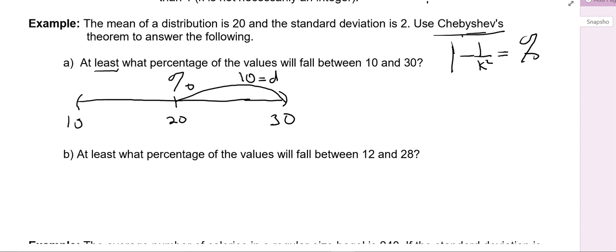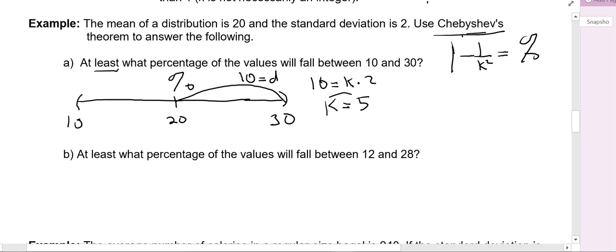Now, I know the distance is 10, and we know 10 is related to k times sigma, but sigma is 2. So that tells me k is equal to 5. If I plug this into Chebyshev's formula, then I get 1 minus 1 over 25, which is 24 over 25.